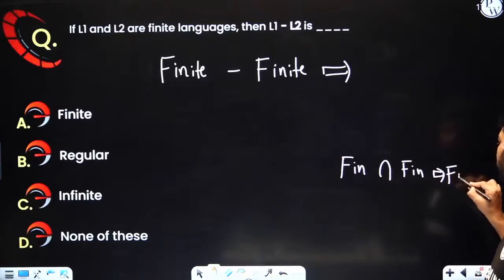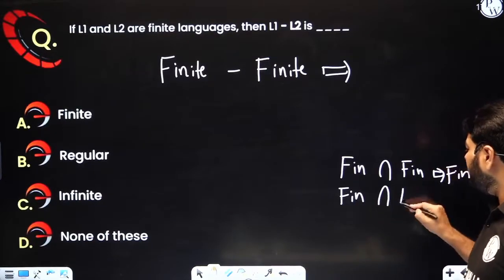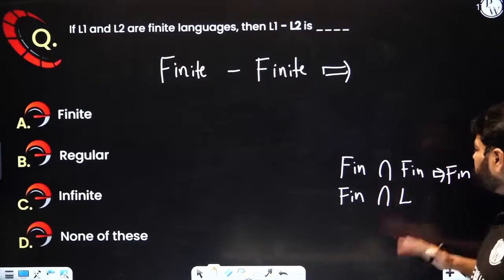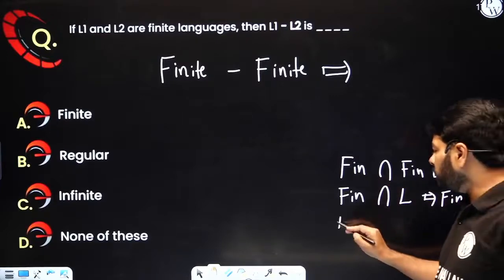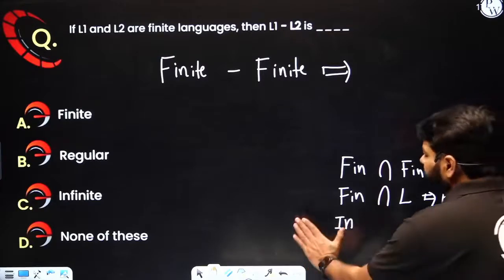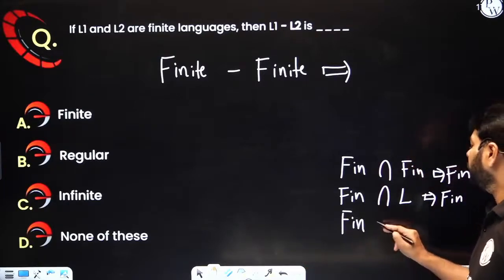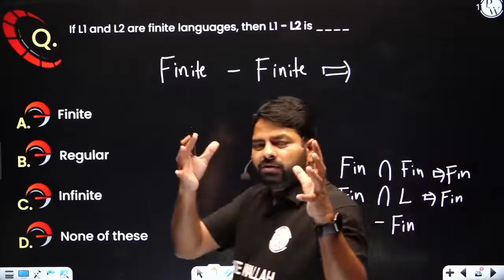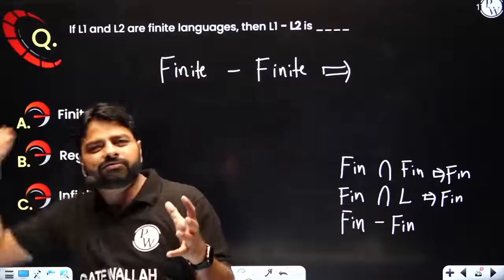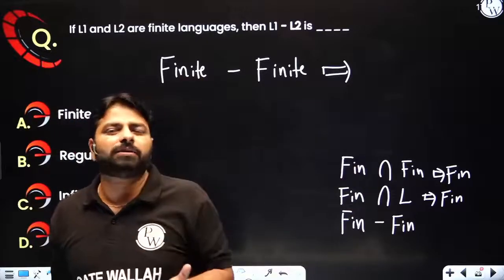Not only this, finite intersection any language, whether it is finite or infinite, doesn't matter, is also finite. But now I'm talking about set difference. Finite minus finite: you have a finite set, and from this finite set you delete finite only. The remaining set will be finite only, right? It's not possible to be infinite.